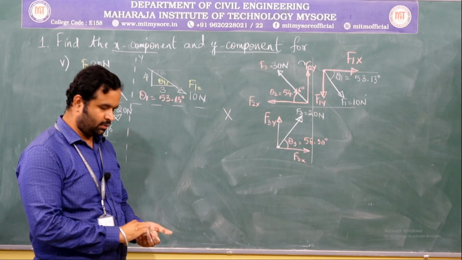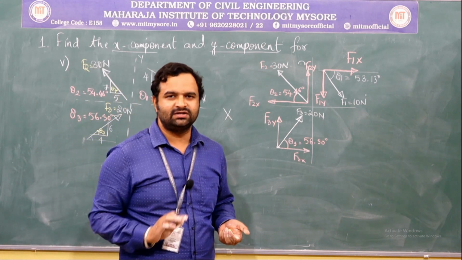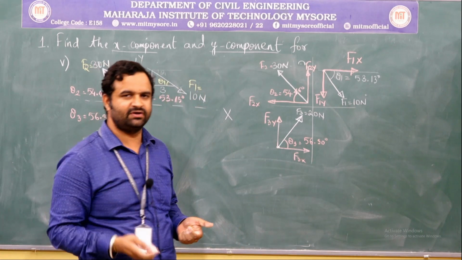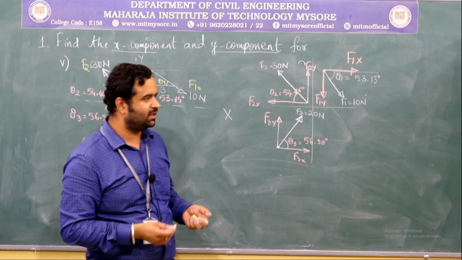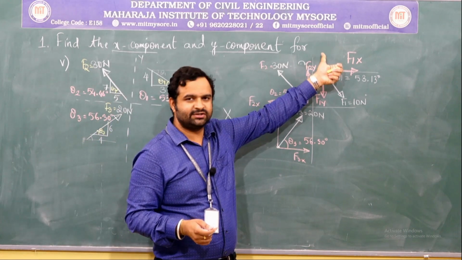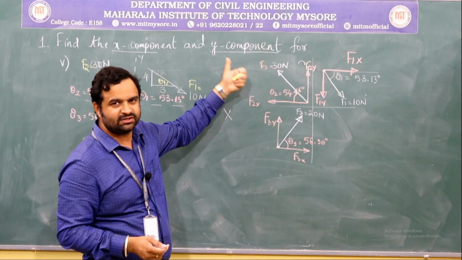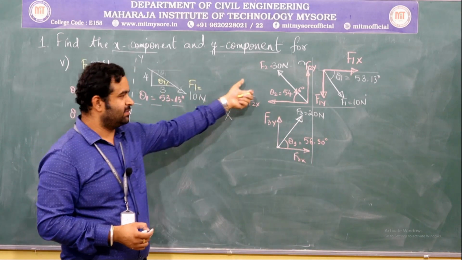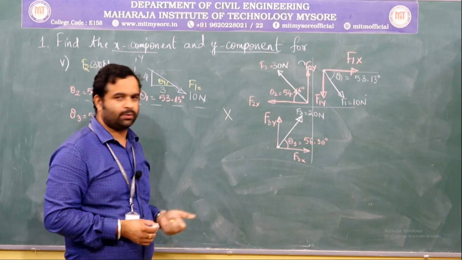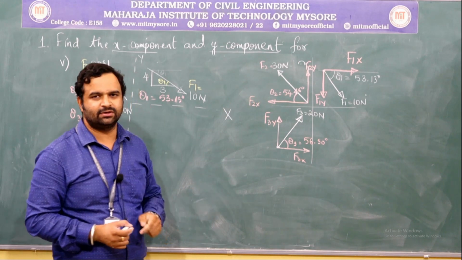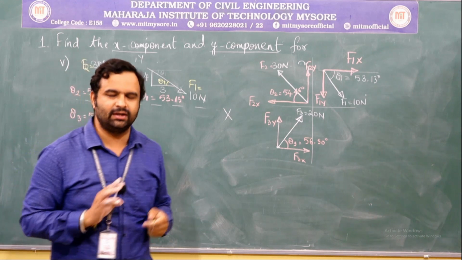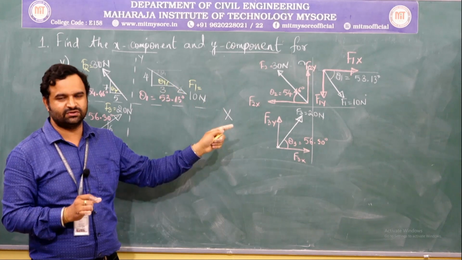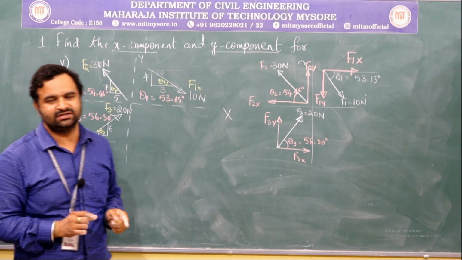Okay. Now, according to the concept of the resolution of the forces and its sign conventions, the sign convention in the first quadrant is plus and plus, in the second quadrant is minus and plus, third quadrant is minus and minus, fourth quadrant is plus and minus. But in this problem just resolve the forces accordingly. Depending upon the sign conventions of the resolved forces, try to find its x and y components.